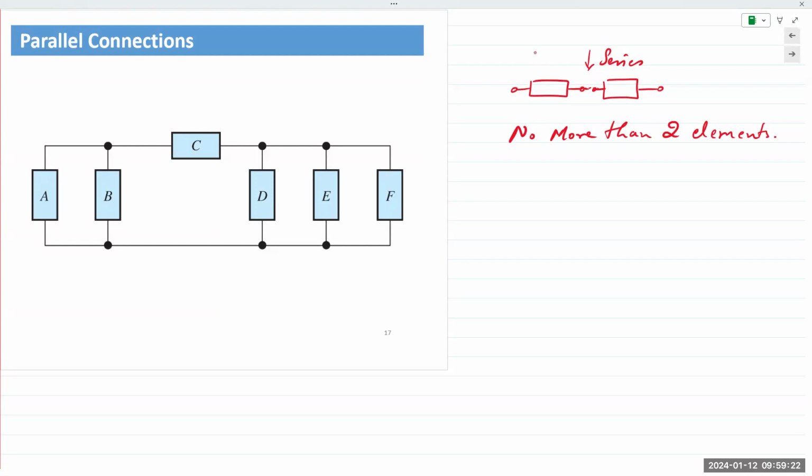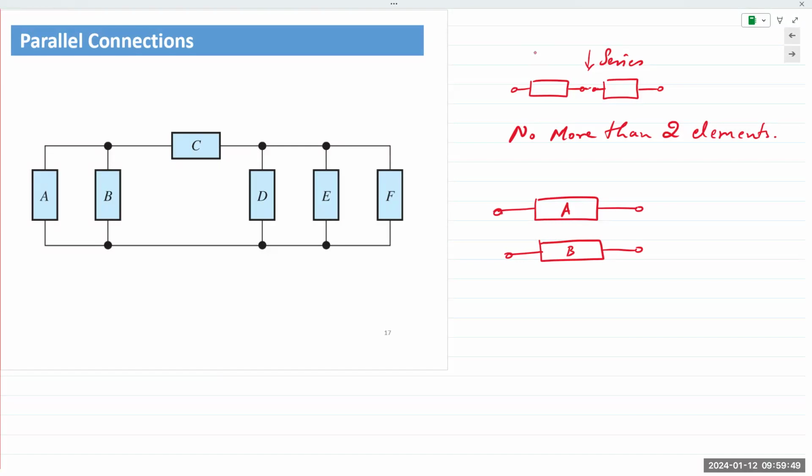Parallel connections is if you take both terminals of those 2 elements and connect them to each other. So if you have element A and element B, both of them have 2 terminals each.